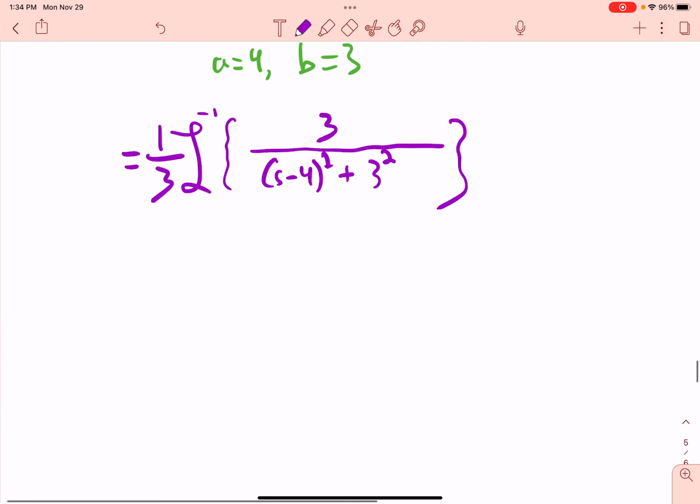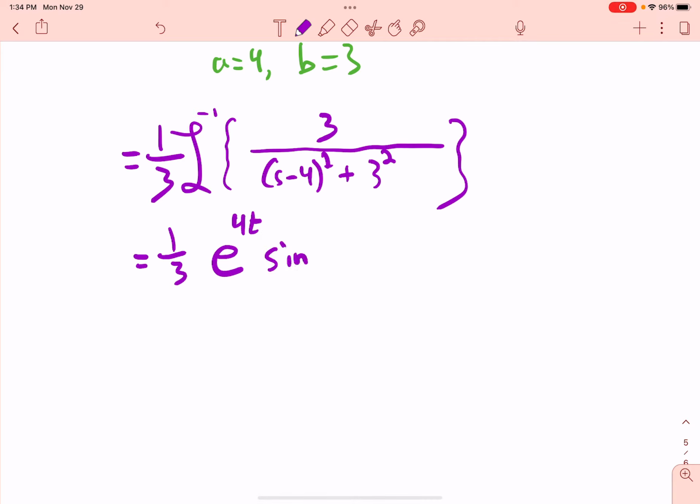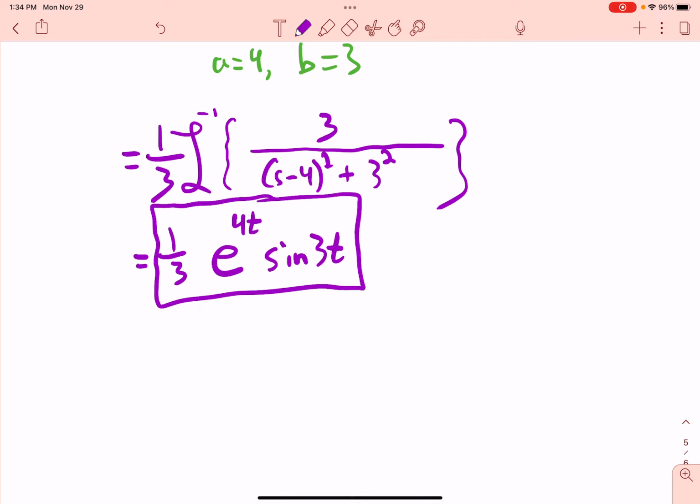So I keep the 1/3 in front, that's e to the 4t times sine of 3t. And that is our inverse Laplace transform for number 3.